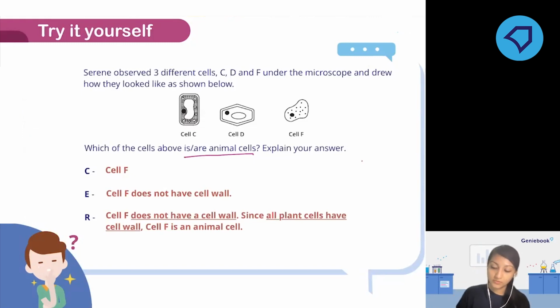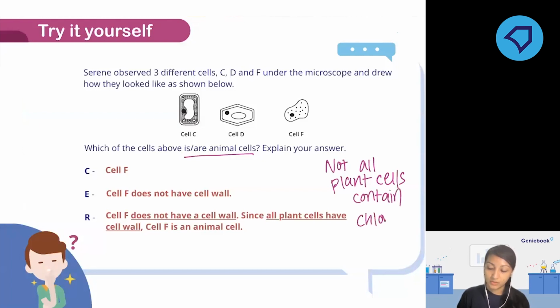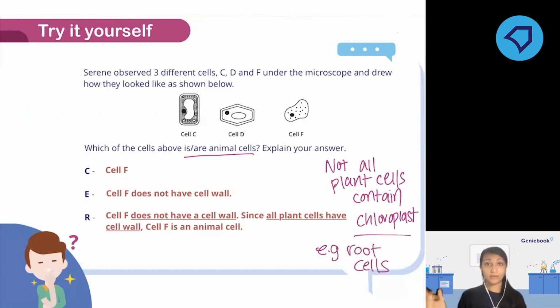Yes, so this one, be very careful. Not all plant cells contain chloroplast, so you cannot use that as a measure, simply because like we mentioned just now, example, root cells, okay, they do not have chloroplast.